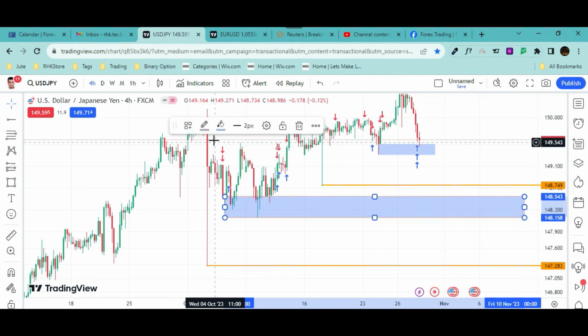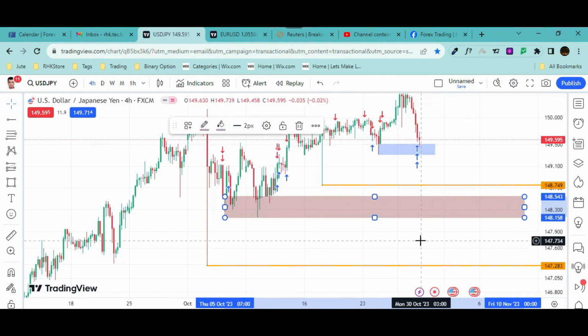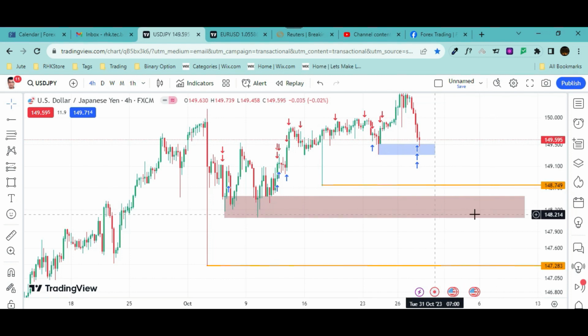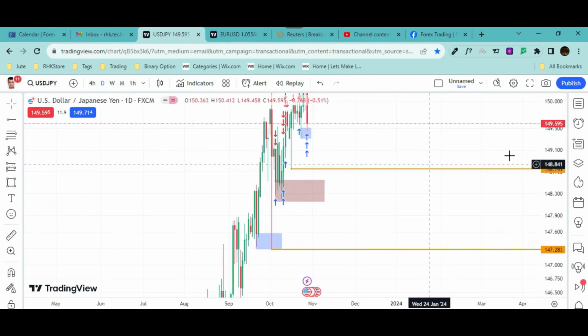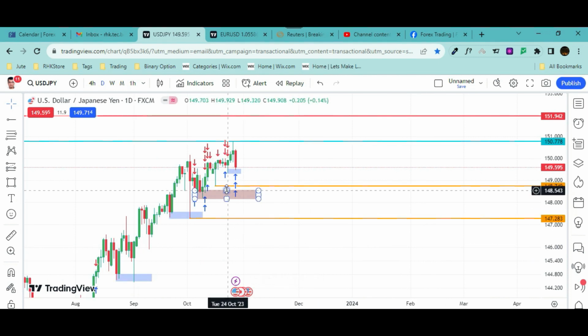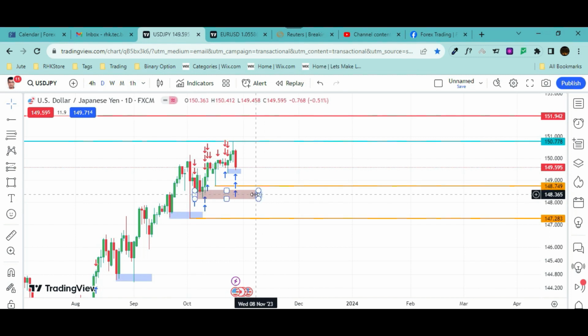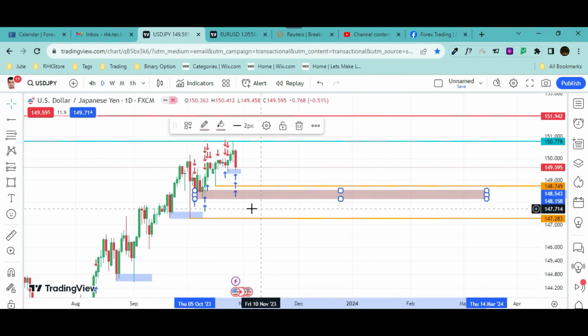So we have to keep in mind this zone. This is a very big zone in 4 hours, and if we look at the daily, we will see the same: these are the two major structural places where the price has been rejected very sharply. And this is a big thing. We should be very careful, and this is a zone where it can create a double bottom.